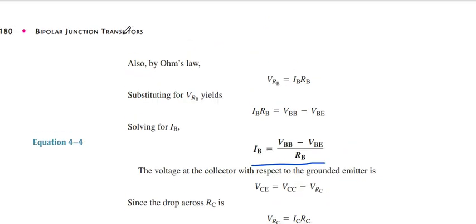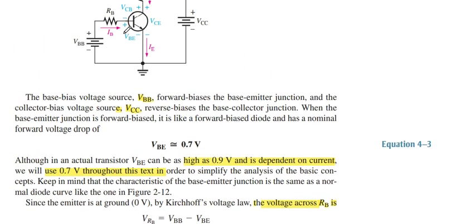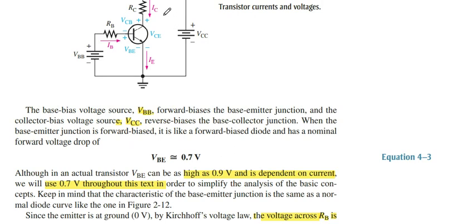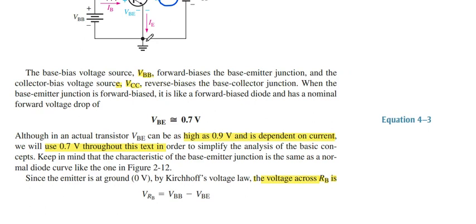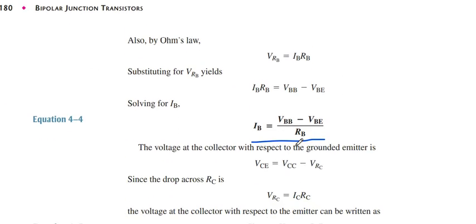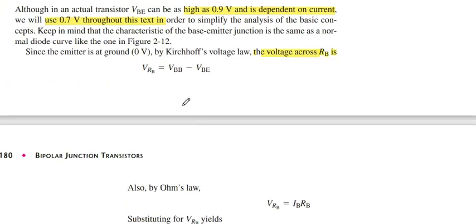Next, we apply Kirchhoff's first rule in this loop. Then what do we find? VCE is equal to VCC minus VRC, as the voltage drops through RC.